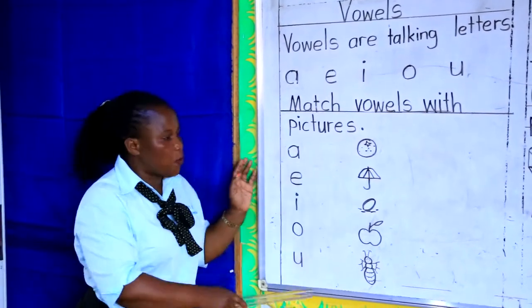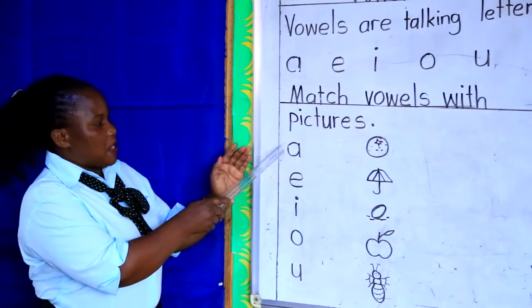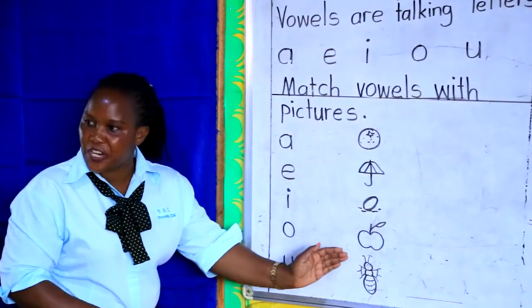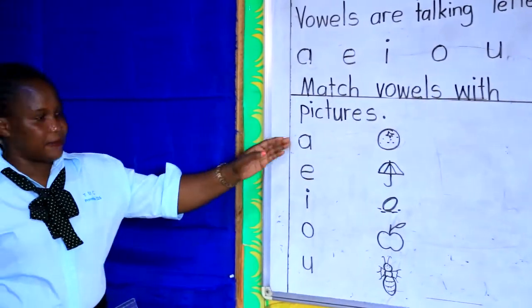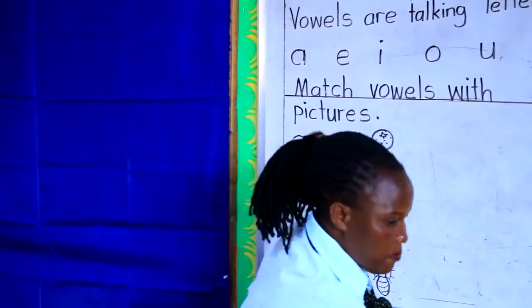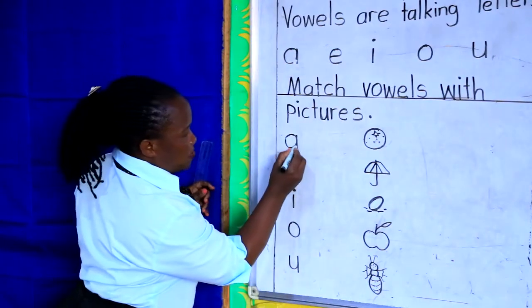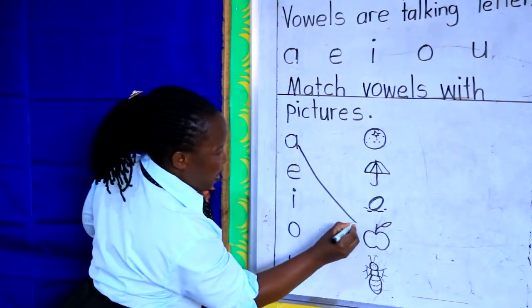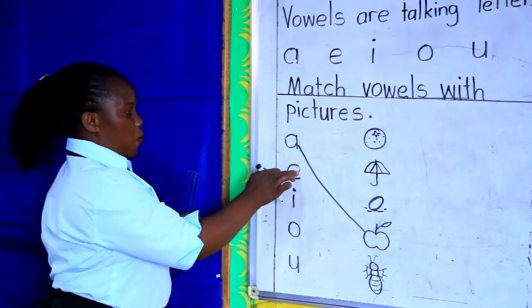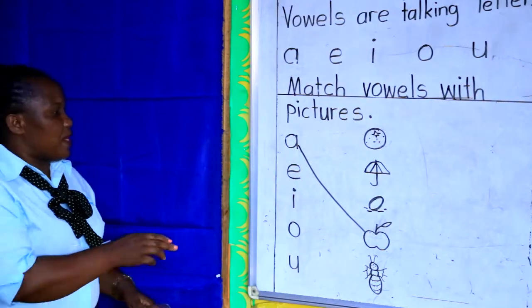Which one starts with this vowel? Apple. Apple, wonderful. Apple starts with vowel A. Therefore, you are supposed to match it with apple. What sound is that? A. Very good. This is A.